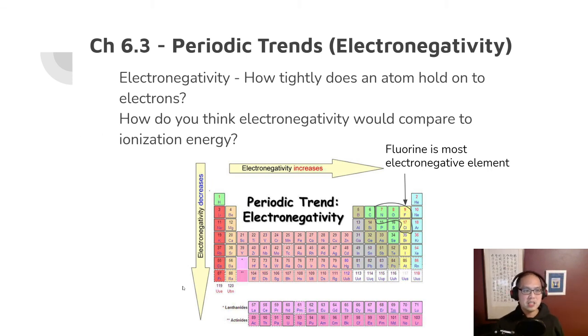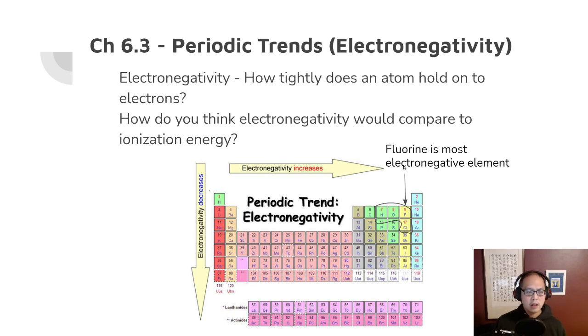So you'll see here the pattern is as you go down, electronegativity decreases, because you're adding energy levels, the atom's getting bigger, it's harder for the atom to hold on to those electrons, so the electronegativity decreases. But as you go right, you're going to see the electronegativity increase, because the atom's getting smaller and smaller, which means those atoms hold onto those electrons tighter.